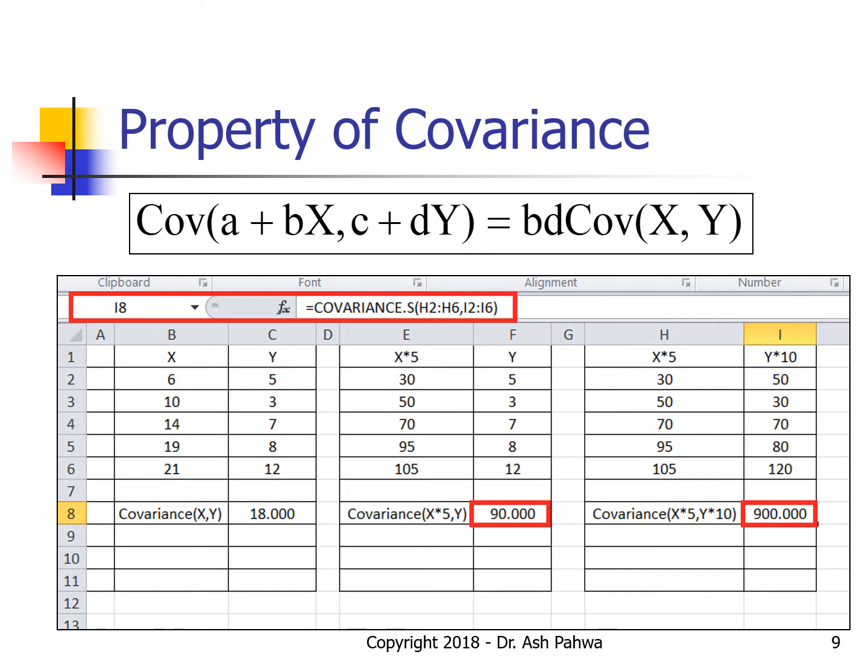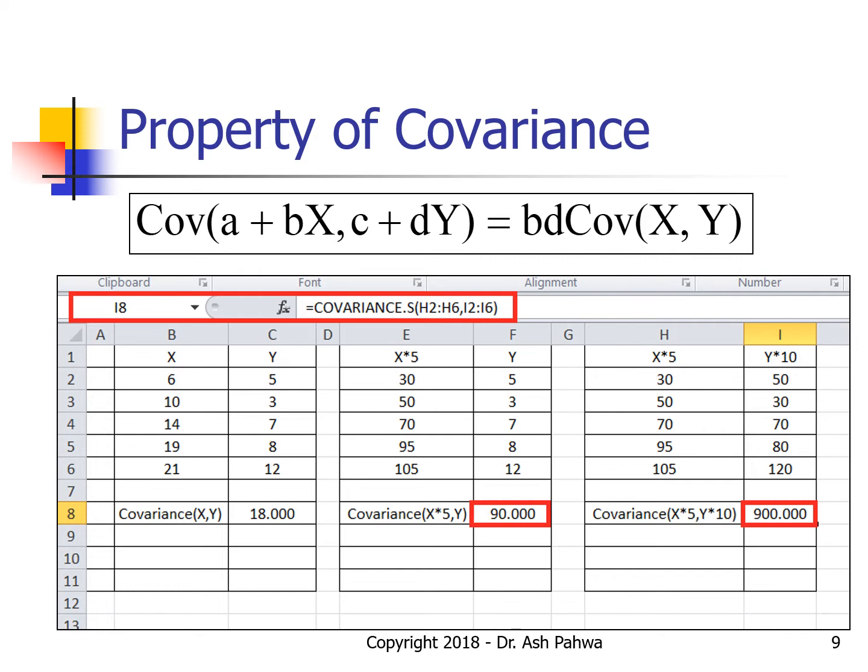Now suppose we multiply all of our x values by 5 and leave the y values alone. The covariance between the new x values and y values comes out to be 90. Since we multiplied x values by 5, we have also multiplied the covariance by 5. So 18 multiplied by 5 also comes out to be 90.